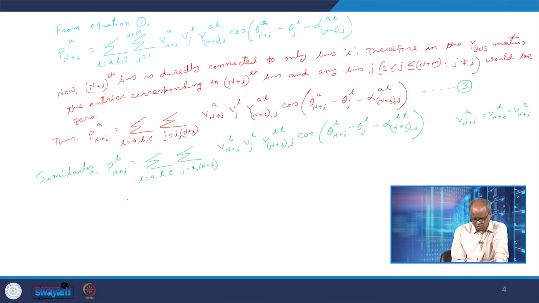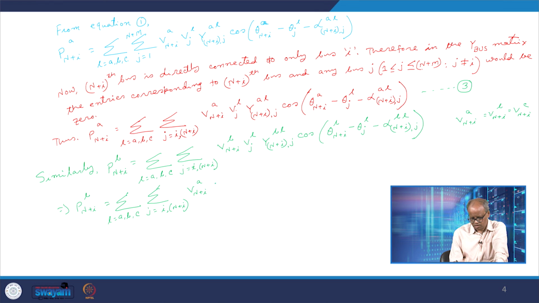So therefore I can write this as P n plus i b, L is equal to a b c, and then j is equal to i n plus i, then V n plus i b is essentially V n plus i a, because these are internal bus voltages which are considered to be balanced.